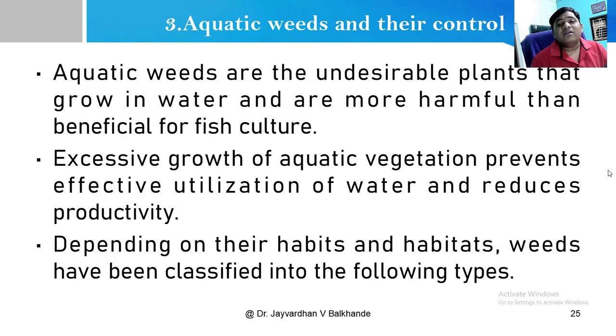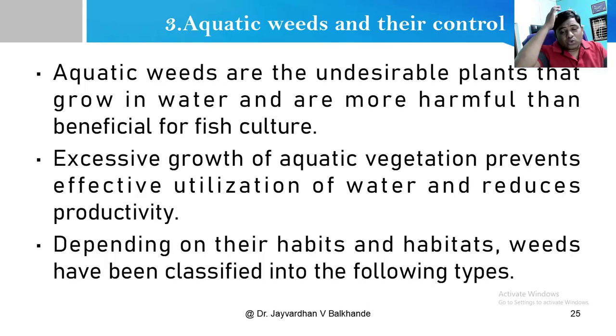They are undesirable plants that grow in water and are more harmful than beneficial for fish culture. In very simple words, they are of no use for fish culture, and their presence is difficult for the fishes when we culture them. These aquatic plants may be harmful to the fishes.